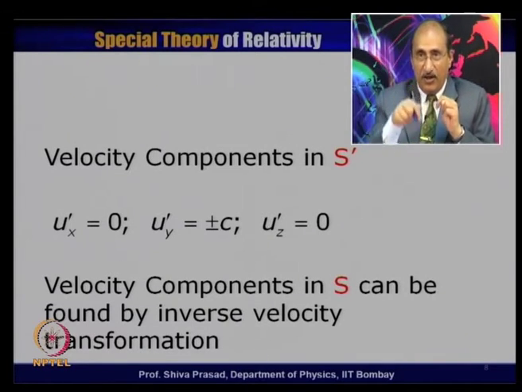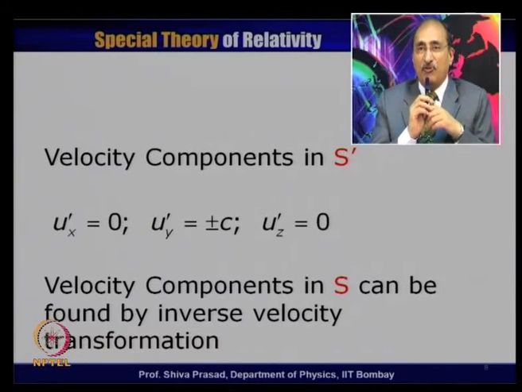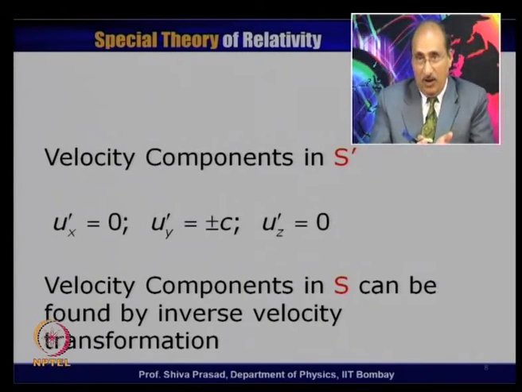When the light was traveling down, again it had only a y component, because light as seen in S prime frame of reference is only moving either in plus y direction or in minus y direction. It has no component of velocity in the x direction. That is what an observer sitting on the train sees, that light goes vertically upwards, vertically downwards. So, light never moves in a horizontal direction or in any other direction.